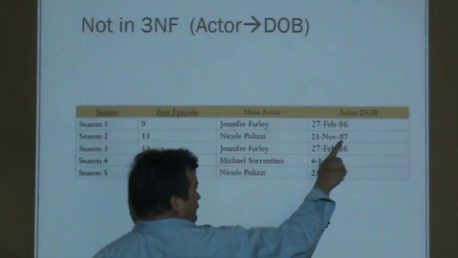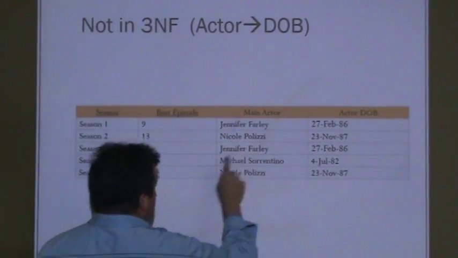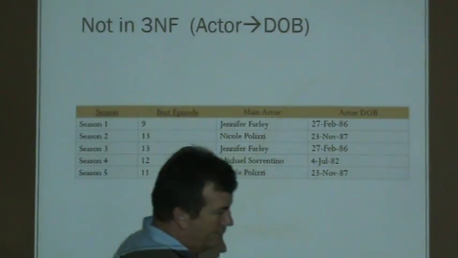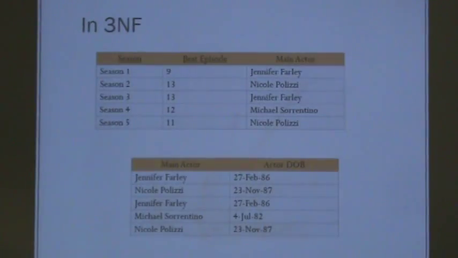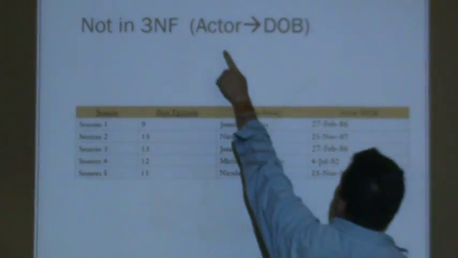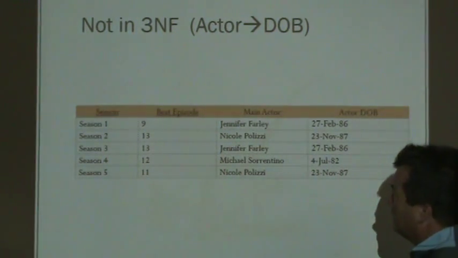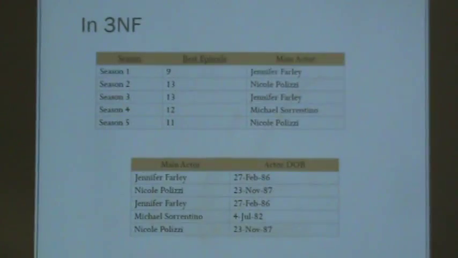So this field is dependent on this field. And this field is dependent on these two fields together. Since actor tells us date of birth, then this is not in third normal form.